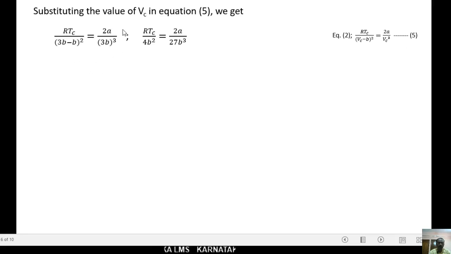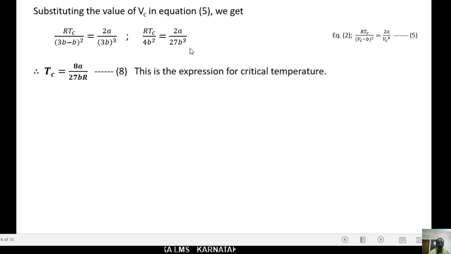On further simplification, we get RTc divided by 4b square equals 2a by 27b cube. Therefore, on final simplification, we get Tc, the critical temperature, equals 8a divided by 27bR. This is equation 8. This represents the critical temperature.